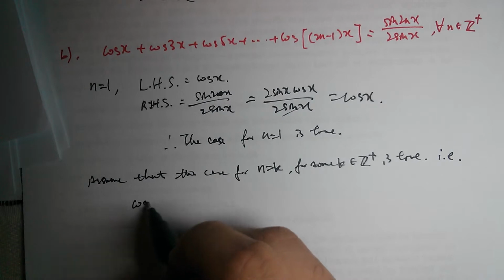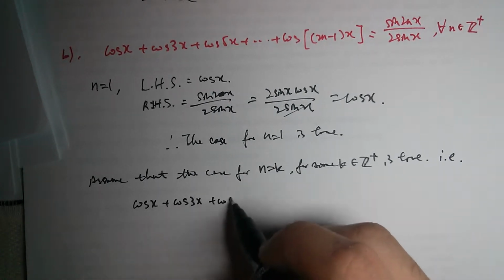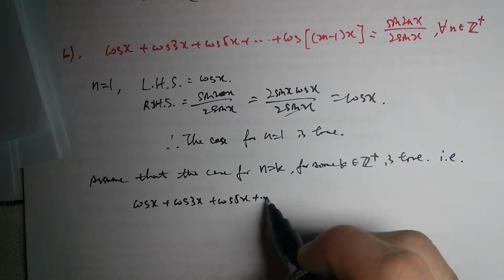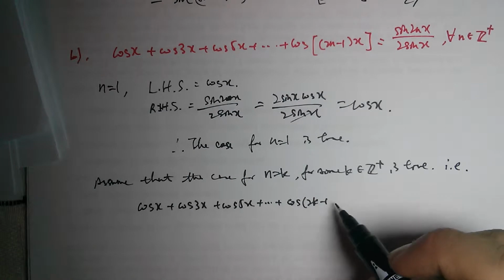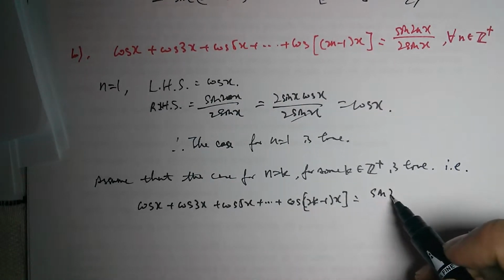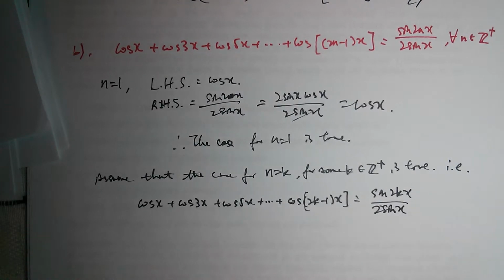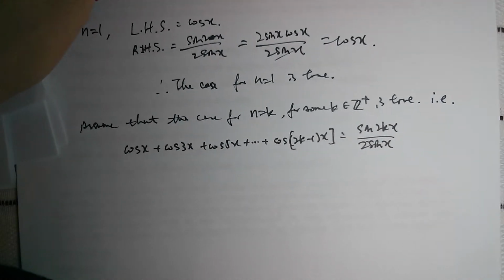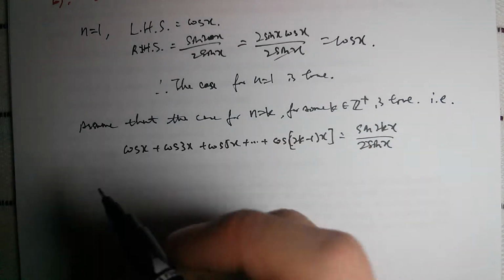So if you add cosine x plus cosine 3x plus cosine 5x, and then up to cosine (2k minus 1)x, that would be the same as sine 2kx over 2 sine x. All right, so now we can start our induction part.